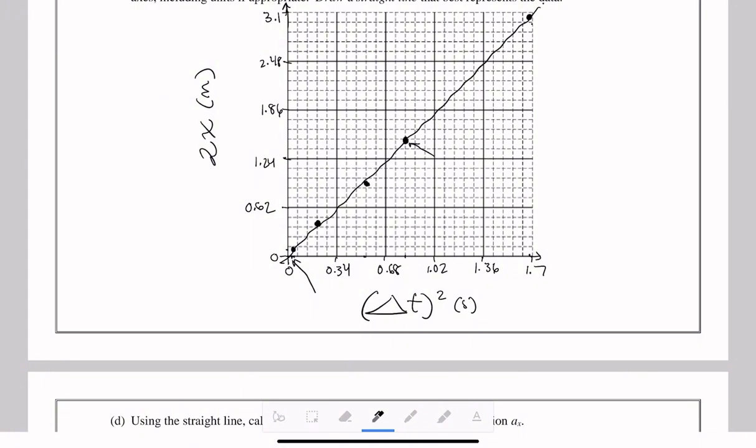So I'm going to guesstimate that this is about 1.488, and this is about 0.816. So if we put 1.488 minus 0 over 0.816 minus 0, we'll get about 1.8235.